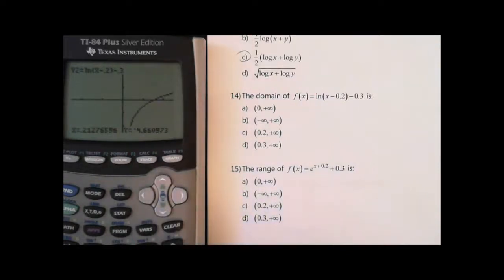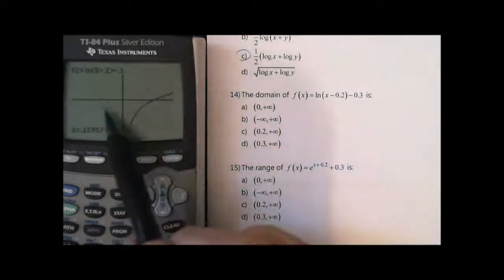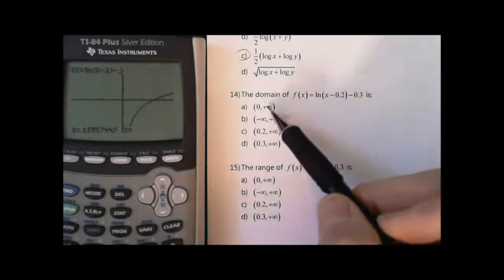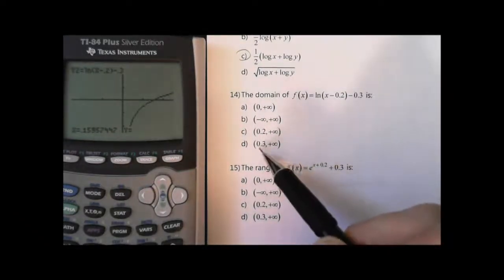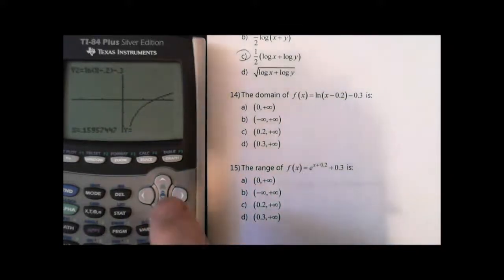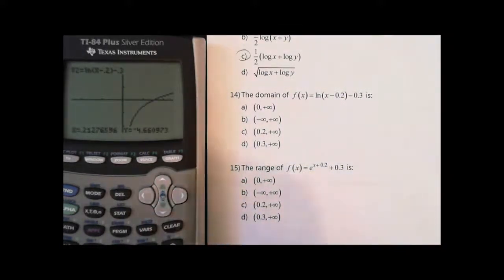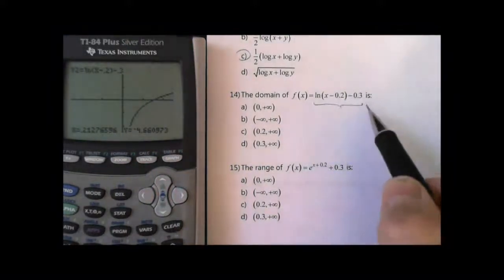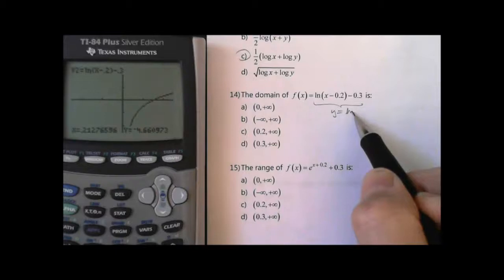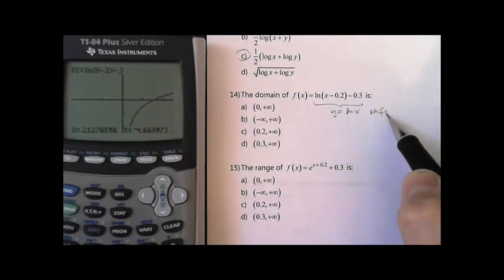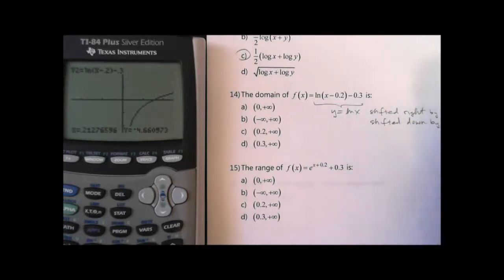So the fact that there's no y value associated with 0.15 rules out this one. I'm pretty sure there's no graph out here to the left. You could rule out this one and this one. And you could also rule out this one because this would not include 0.21, but 0.21 seems to be on the graph. Alternatively, this is y equal ln x that's been shifted right by 0.2 and shifted down by 0.3.